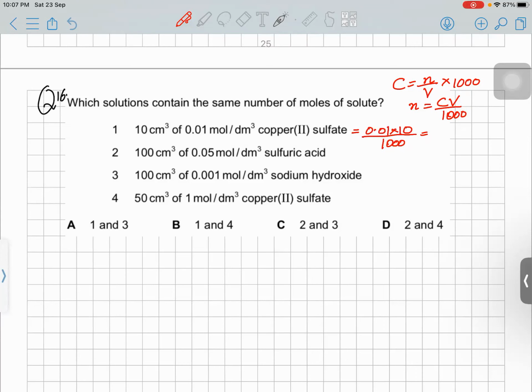Then divide it by 1000 because volume is in cm cube. So sir, the number of moles will be 0.0001, 3 zeros.